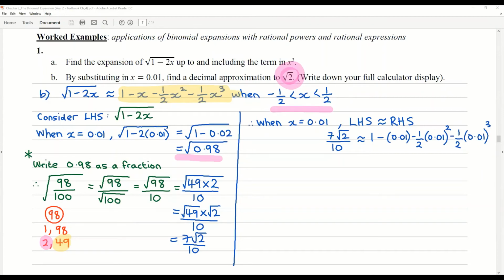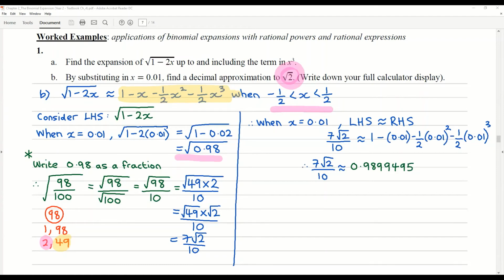Okay, so therefore 7 root 2 over 10 is approximately equal to, now I'll let you do this on your calculator. If you sub in those numbers, you should get this, fingers crossed, 0.9899495.